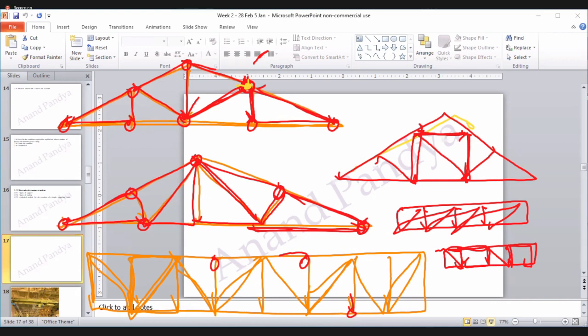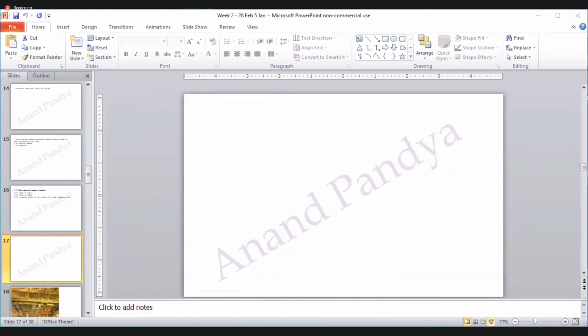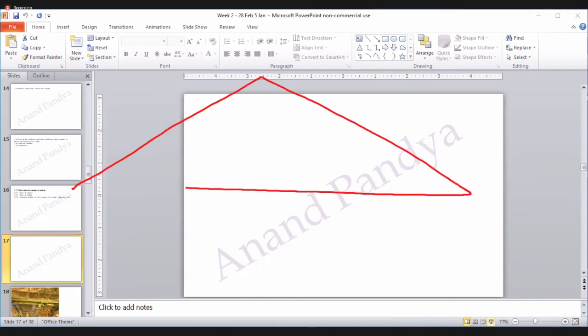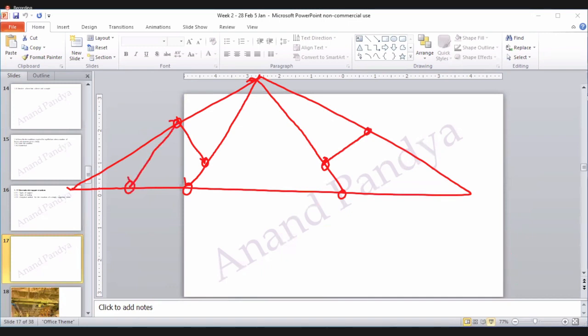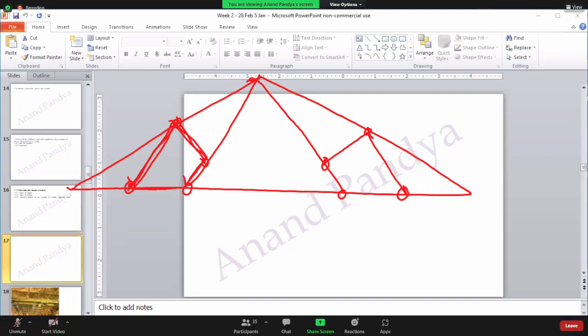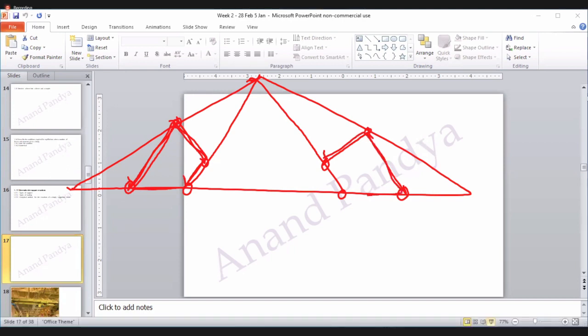Also, this is not a truss, because here we have a rectangle. And here also we have a rectangle.